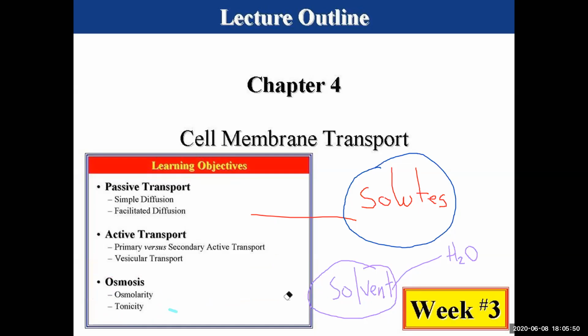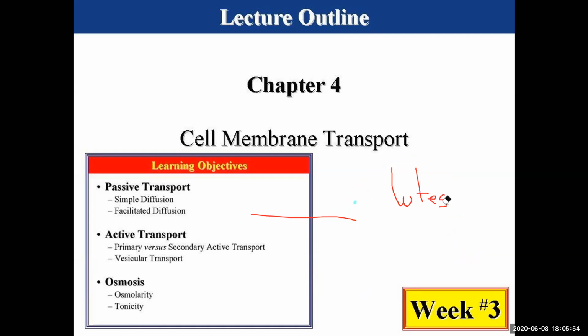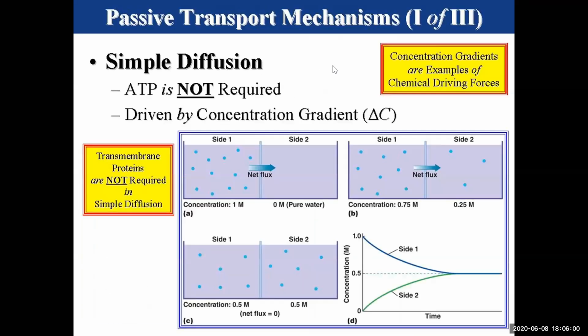So without further ado, let's get the ball rolling with the first slide. The first one is simple diffusion. Again, simple diffusion is an example of a passive transport mechanism.